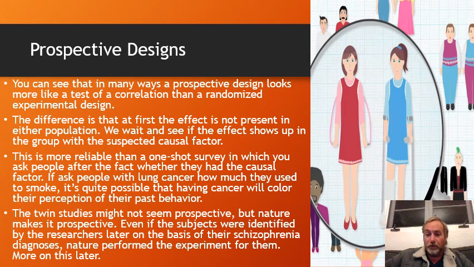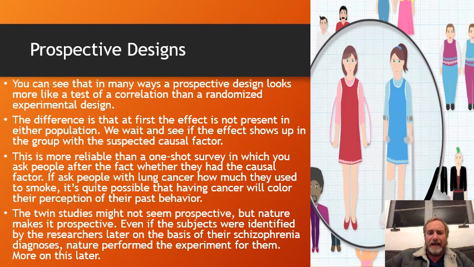You're looking at two groups, one that has a causal factor, one that doesn't, and seeing if the effect pops up. This is going to be more reliable than a one-shot survey in which you ask people after the fact whether they had the causal factor. If you go asking people with lung cancer how much they used to smoke, it's not going to be very reliable. They're not going to remember it very well, and the fact that they have cancer will very likely color their perception of that past behavior.